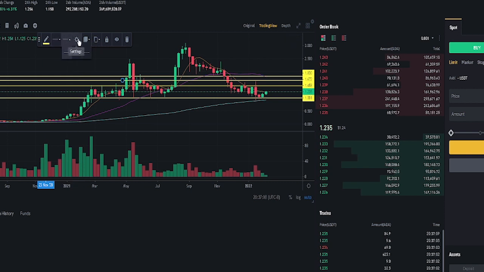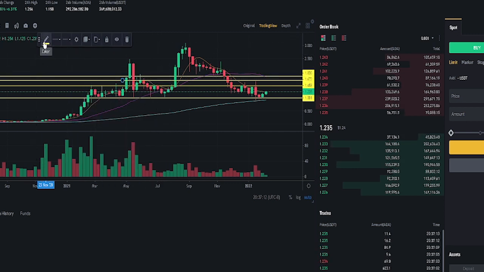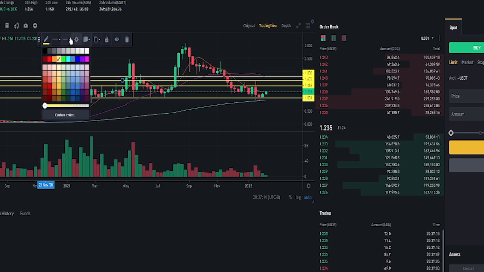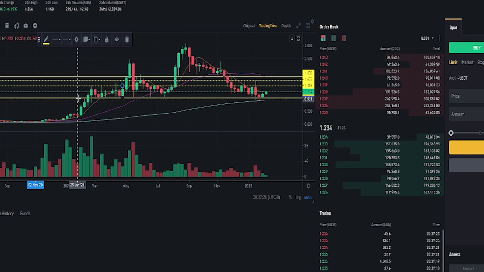I just wanted to make it dotted so that it takes less of the area that I'm trying to mark, so it doesn't bother your eye. You just want to know what area to be focused on. And these are the areas that I came up with.